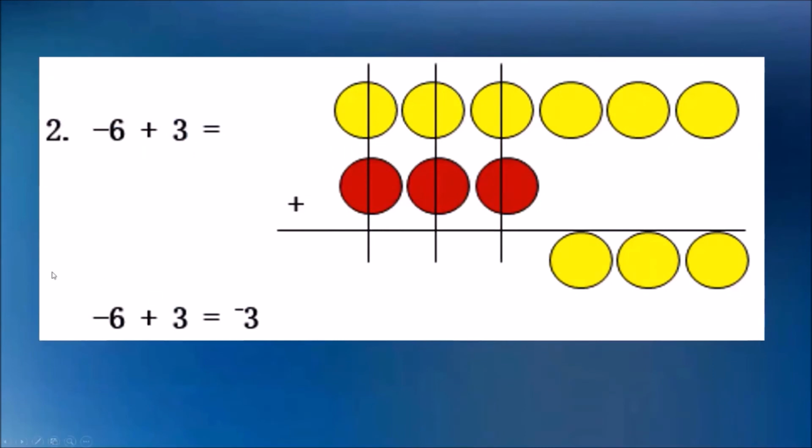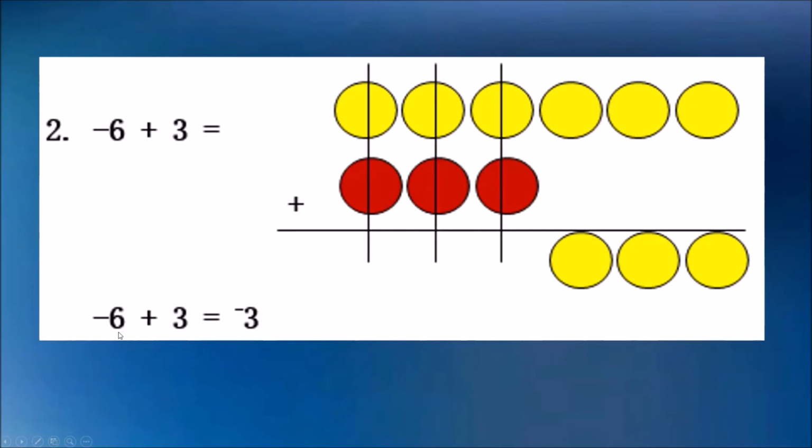Number 2, negative 6 plus 3 is equal to 6 yellow chips and 3 red chips. Cast out 3 yellow and 3 red chips. So may natirang 3 yellow chips and yellow is negative. Therefore, negative 6 plus positive 3 is equal to negative 3.